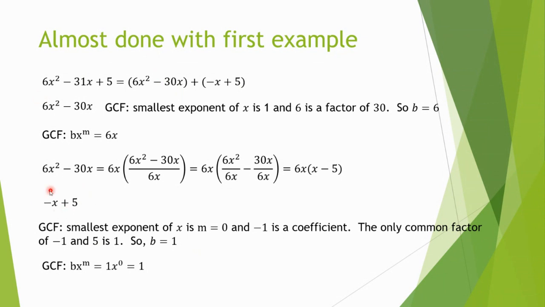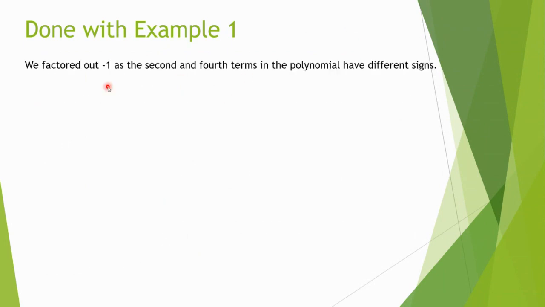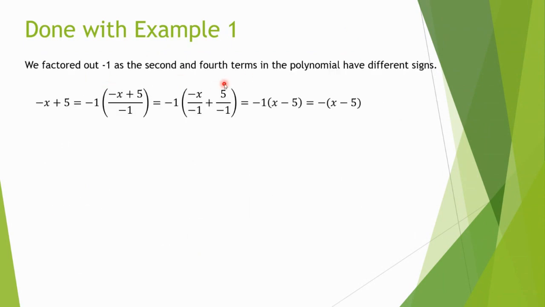Okay. And that's what we're going to do. So again, this is just saying what I said already, and this is us factoring out -1. Hopefully you can see why we do it. It's mostly so that the two groups that we formed in the polynomial now have a common factor of x minus 5.